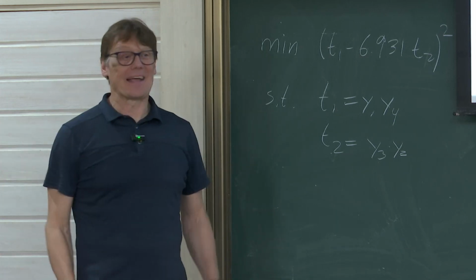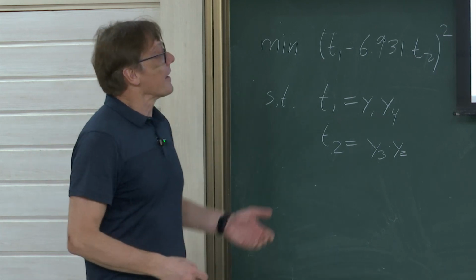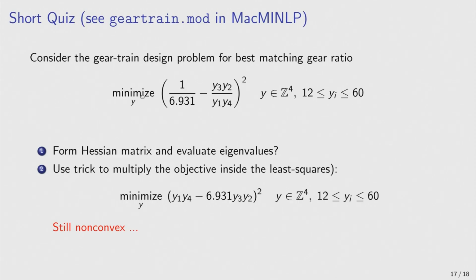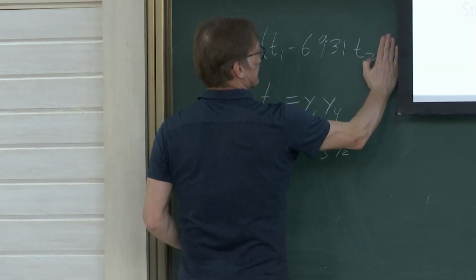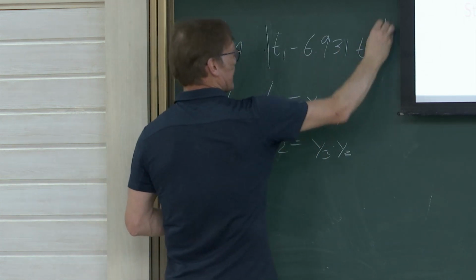Oh, right. So now I can change my norms. We're allowed to do that, right? The modeler wants to get as close as possible to 1 over 6.931, and they choose the 2 norm. But if we do the absolute value, then Pietro has a better formulation.